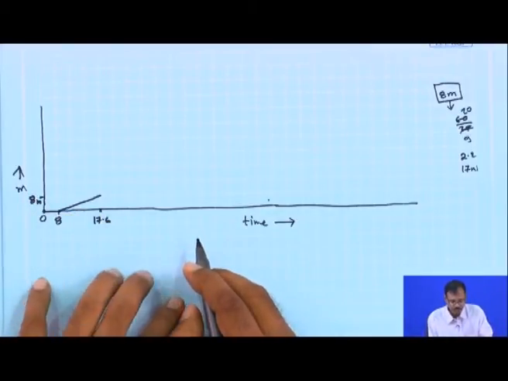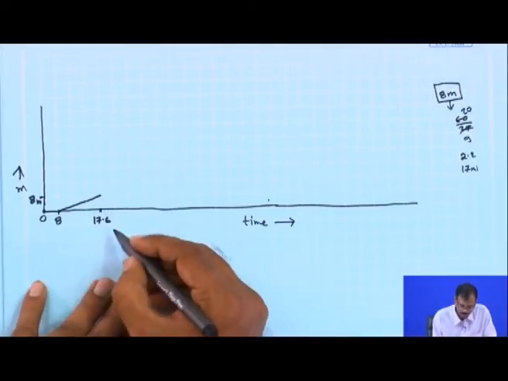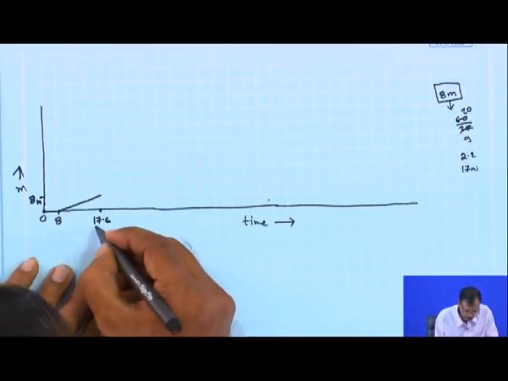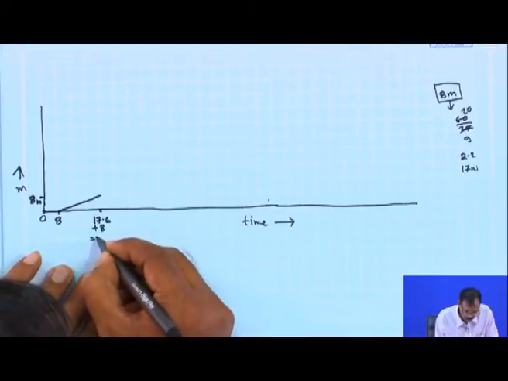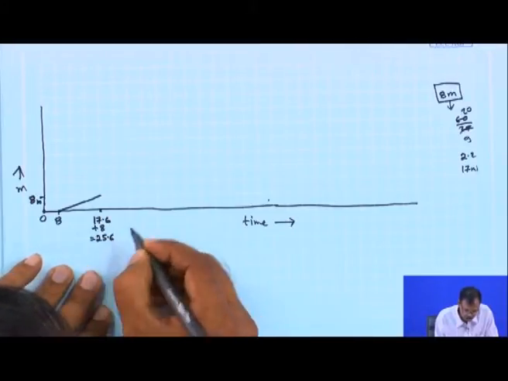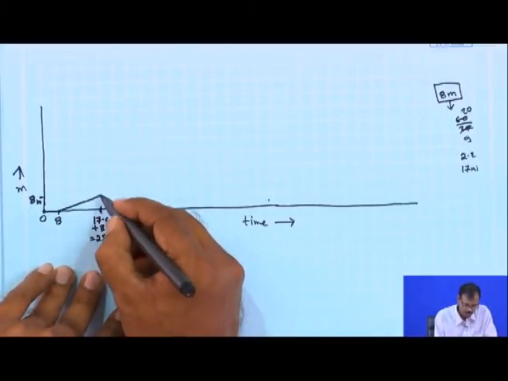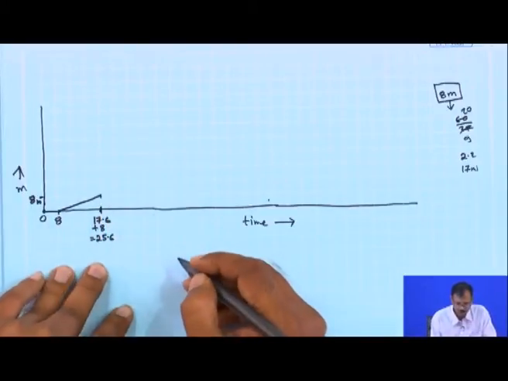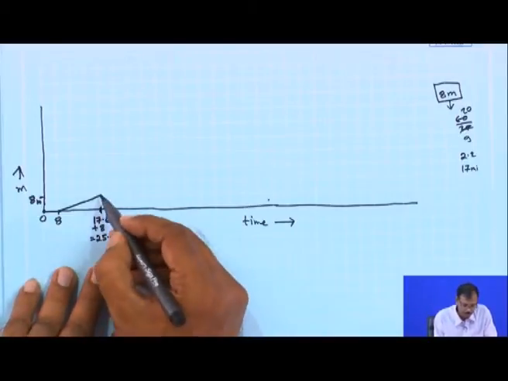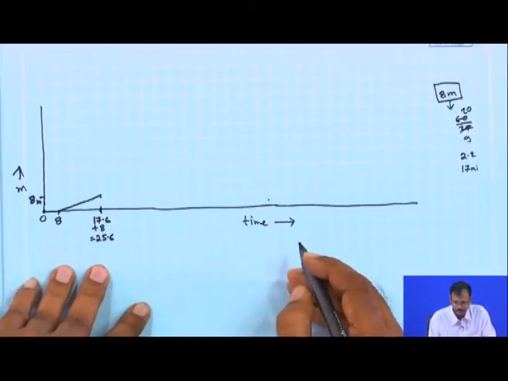So, 8 meter drilling will complete in 17.6 plus 8, so it is 25.6. At this 25.6 minute time, the 8 meter of drilling will be completed.